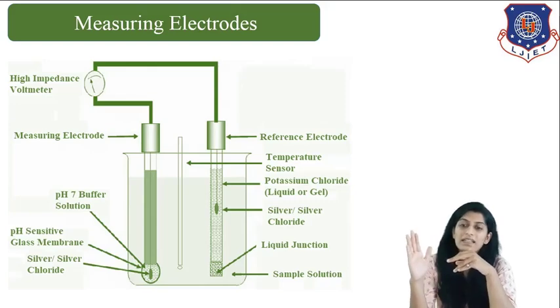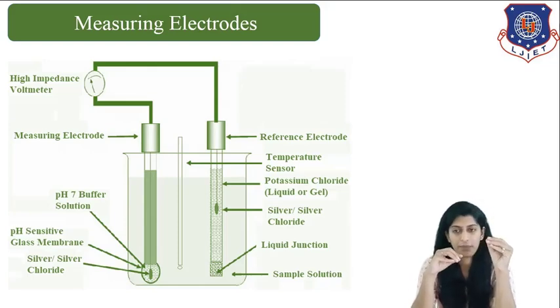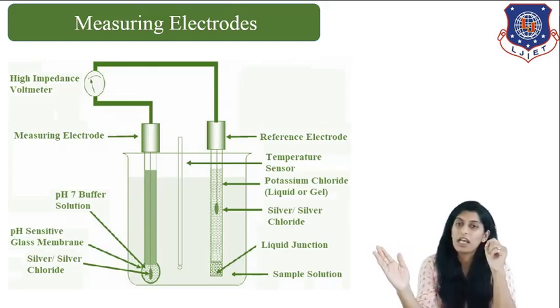In the measuring electrode, there is a silver wire connected, and we have put the measuring electrode in the buffer solution of 7 pH. Correct.